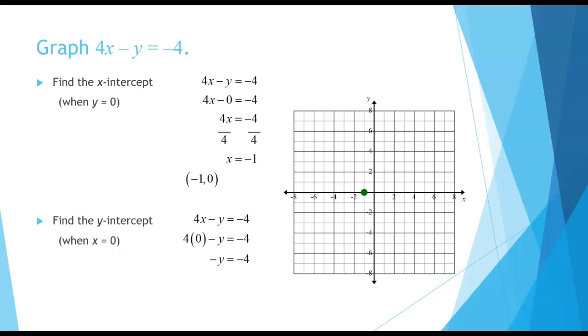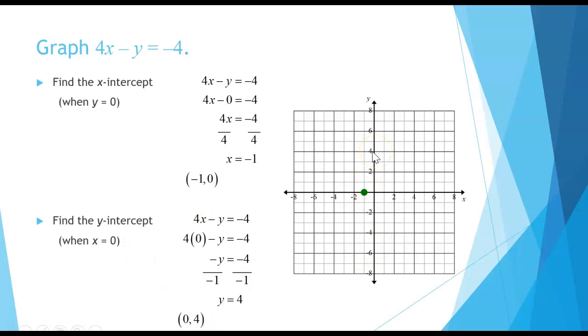So all we would basically be left with is negative y equals negative 4. And remember, that's really not a negative y, it's negative 1 times y. So I am going to divide both sides by negative 1. And we get y equals 4. And our coordinate would be (0, 4).